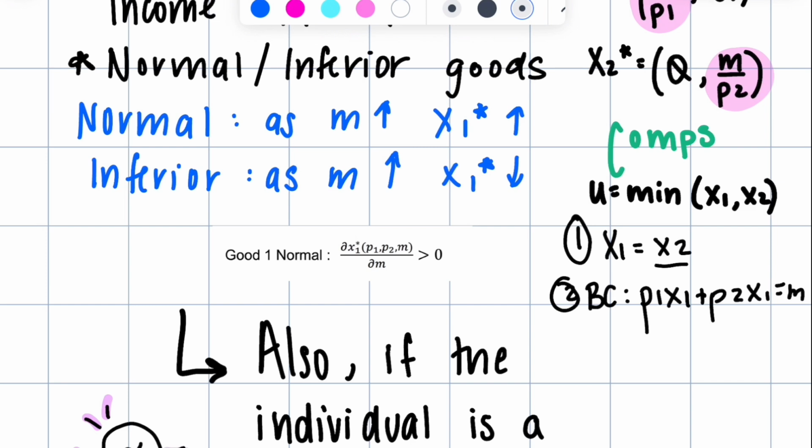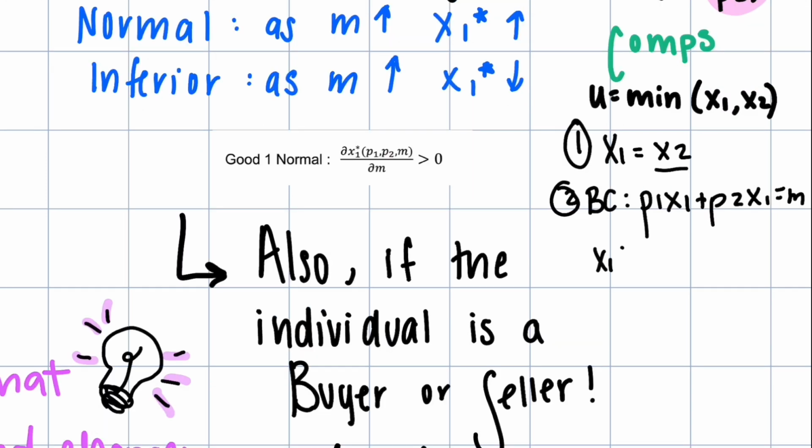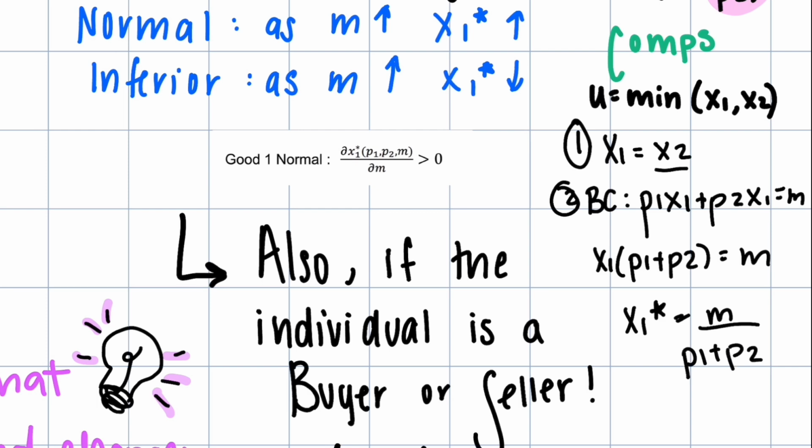And then we can get the demand of x1 by simply isolating it and leaving our prices and income as variables. So I can factor out x1 and then divide by that P1 plus P2. And so by getting that x1 alone, I'm able to find the demand of x1.